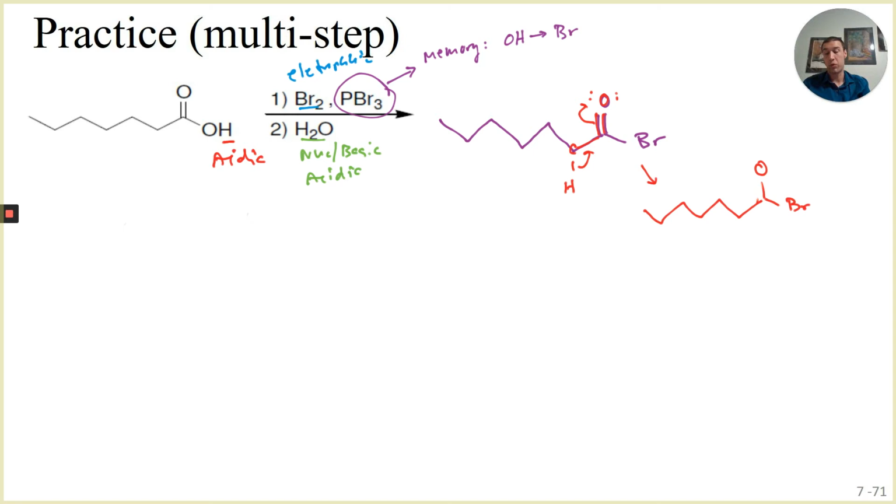Of course, I drew too many bonds. Double bond, negative charge. And that would have resonance where we could put a negative charge on that carbon. That becomes super useful, because that is now a great nucleophile that could react with our bromine.